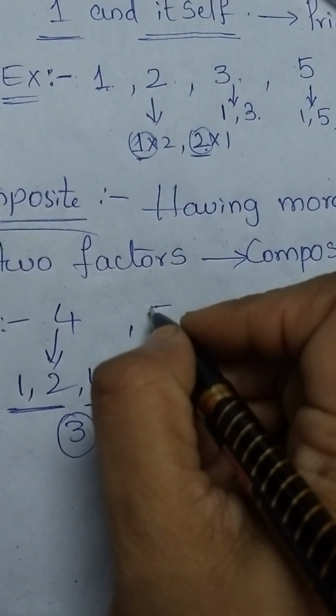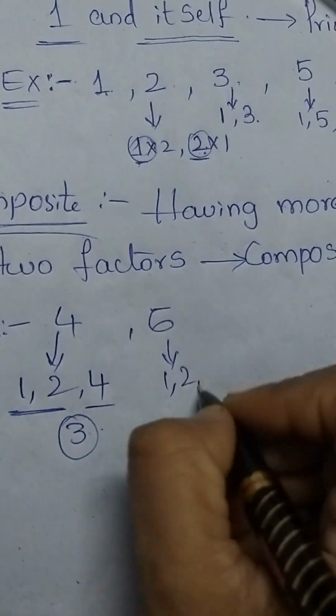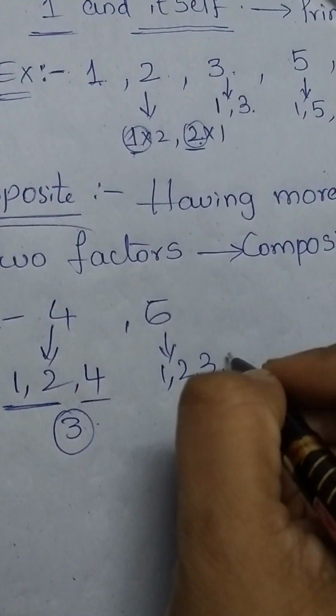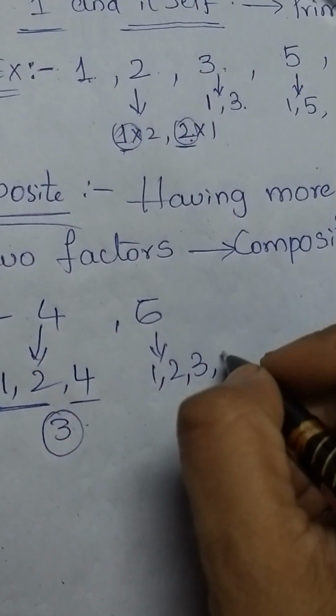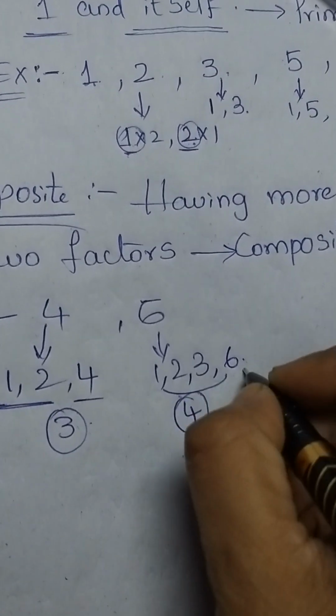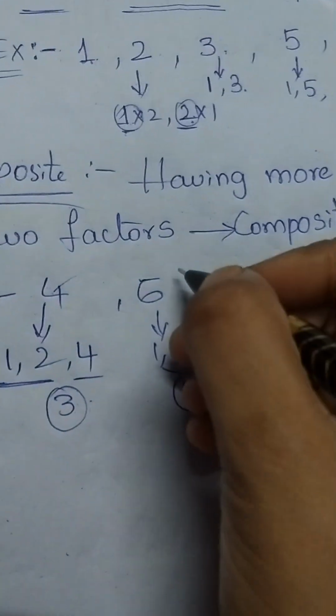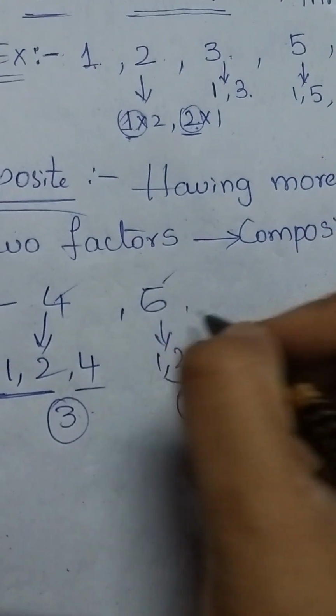Let us take 6. 1, 2, 3 are factors, 4 is not a factor, 5 is also not a factor, and 6 itself. Here there are 4 factors, so more than 2 factors. 4 is a composite number, 6 is composite.